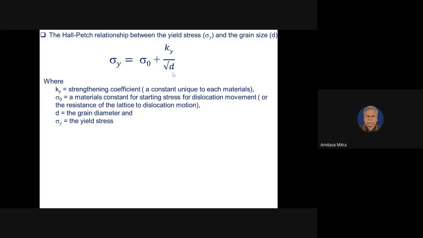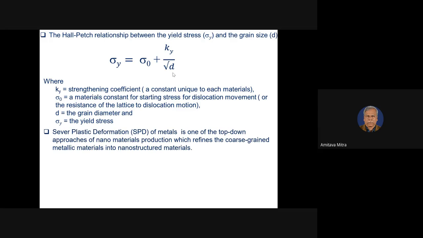So the entire nanostructured materials for structural application is dependent based on this equation, which is a very famous equation known as the Hall-Petch equation, which is quite common for the material scientists.